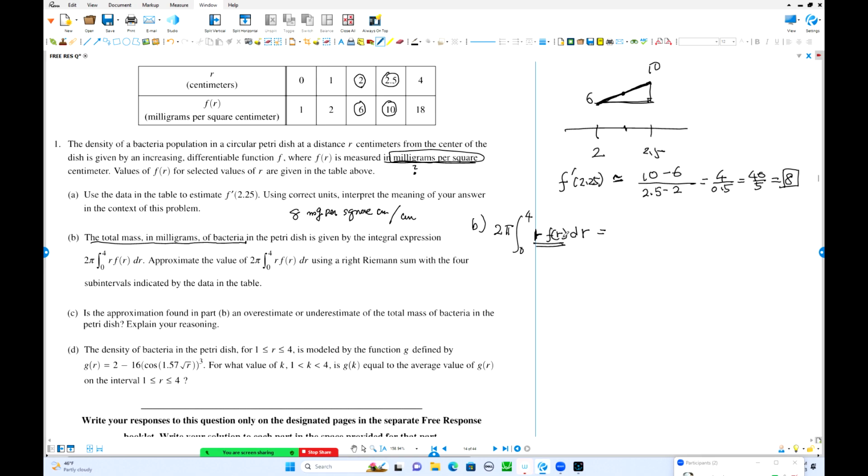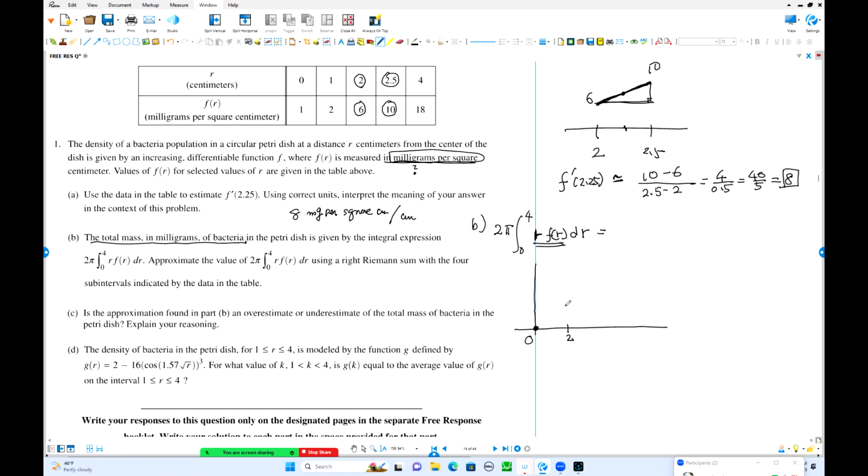First, when r is 0, r times f(r) is 0 times 1, which is 0. When r is 1, r times f(r) is 1 times 2, which is 2.